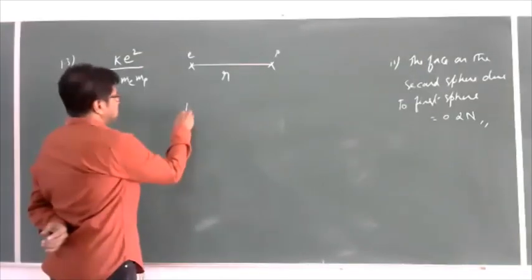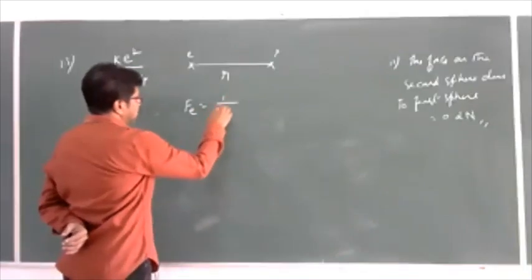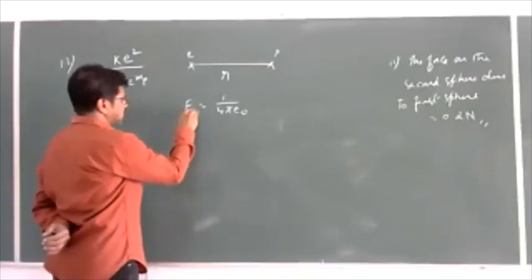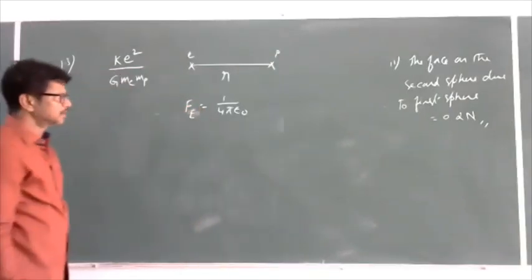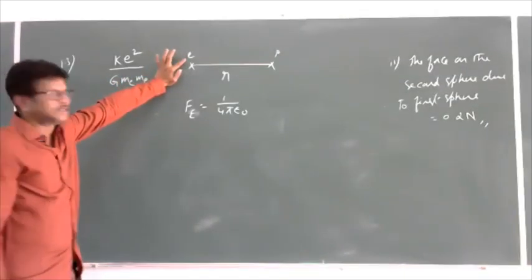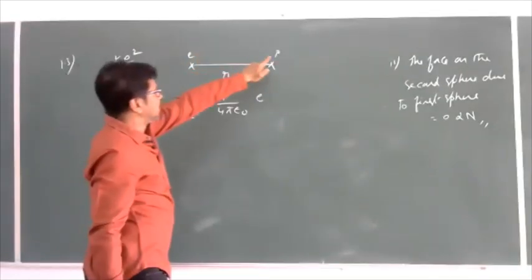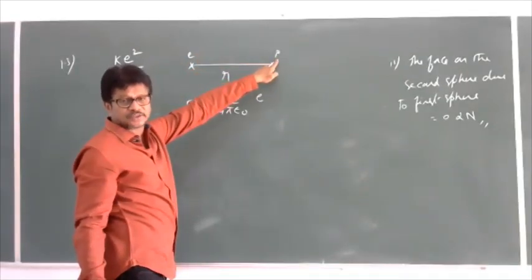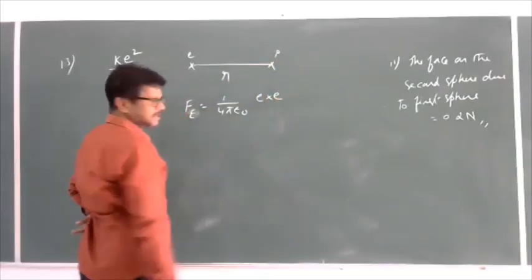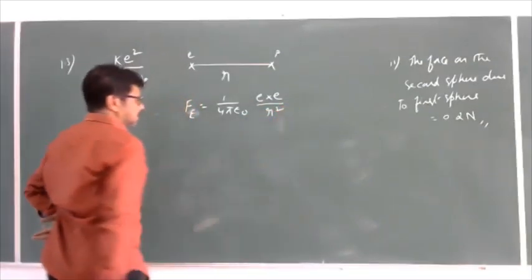Now the electrostatic force is equal to, what is the formula? 1 by 4 pi epsilon naught, the electrostatic force, is equal to Q1 Q2 by R square. Q1 is the charge of an electron, e, and Q2 is the charge of a proton, which is e only, divided by R square.